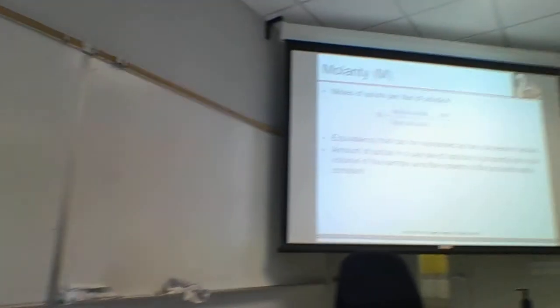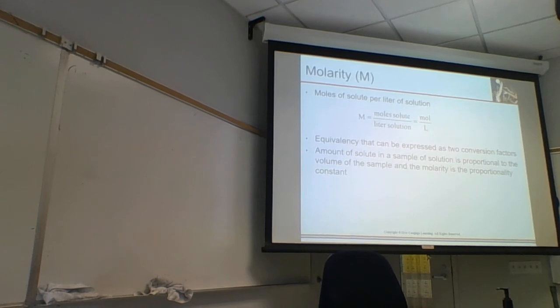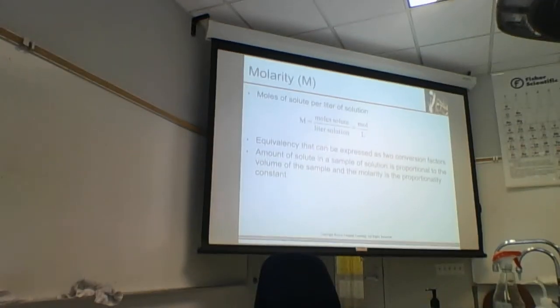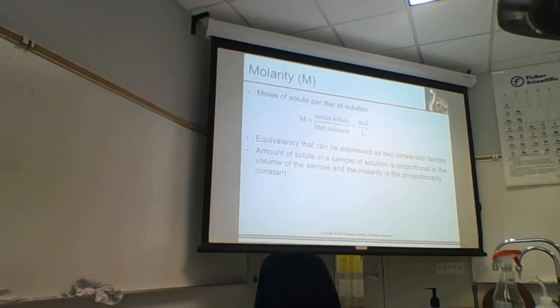Moles of solute per liter of solution. It's given the symbol capital M. And the reason why this one's one of the most common ways of expressing solution composition is because it works so nicely in stoichiometry.